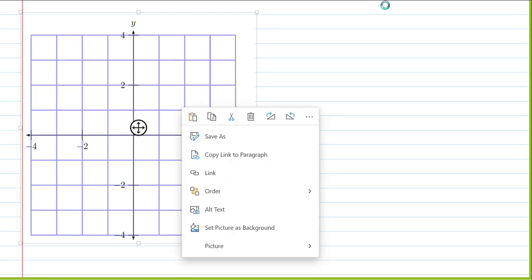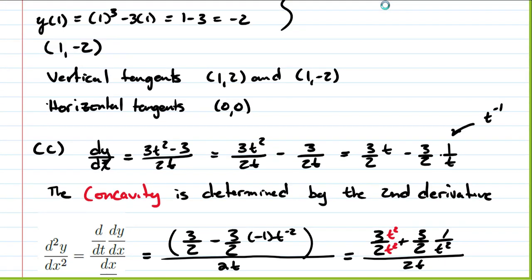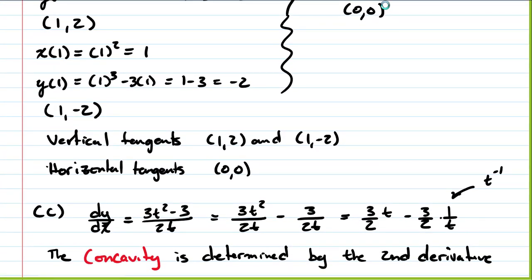So in part A, we discovered that our graph is going to go through the point 3, 0 twice and have 2 different tangent lines. So in part B, we found out that our graph had 2 vertical tangents and 1 horizontal tangent.